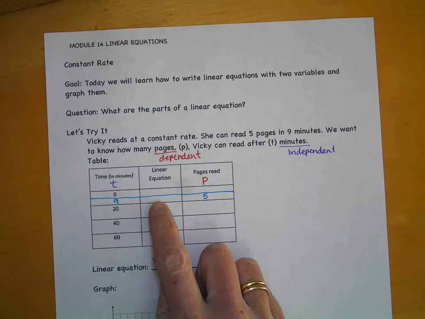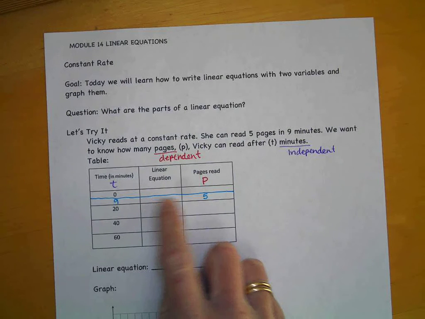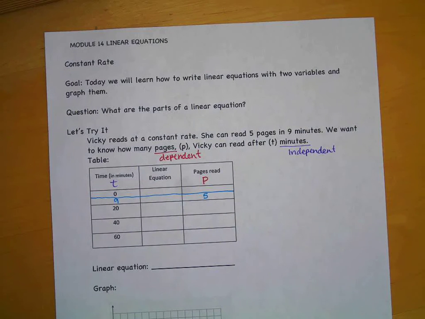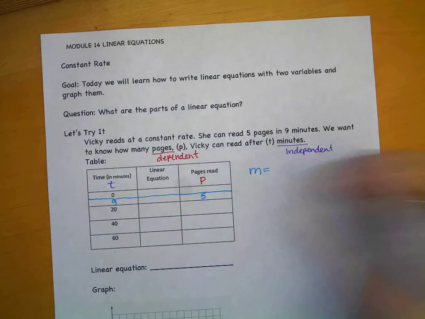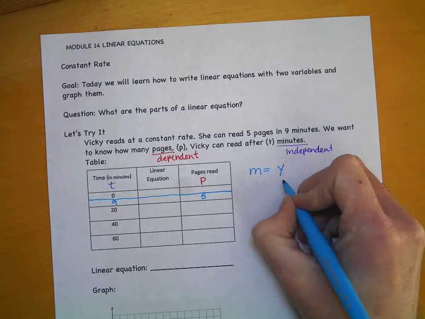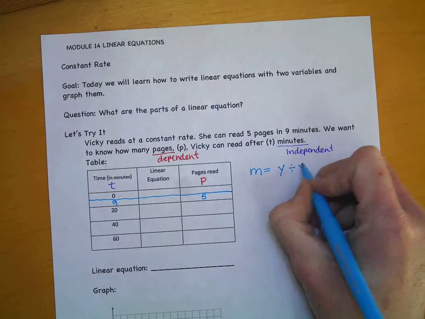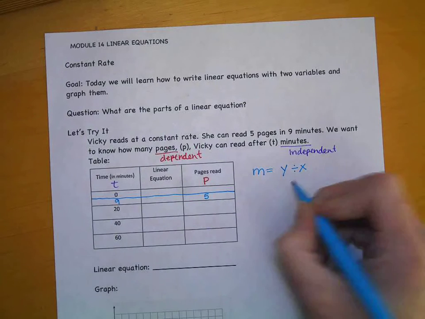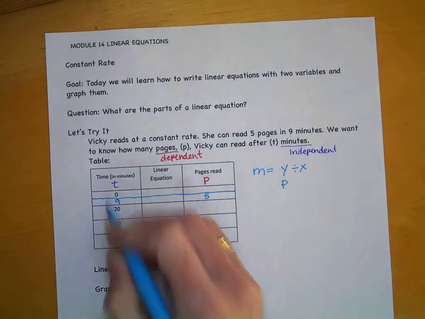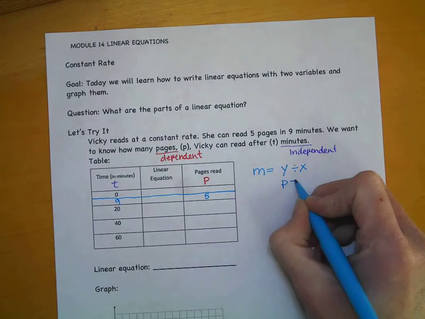Now we have to come up with the linear equation that would support this. If I'm remembering right from previous math that we have worked on, in order to find the m, you have to take the y and divide it by the x. In this instance, the y is actually the p and the x is the t.